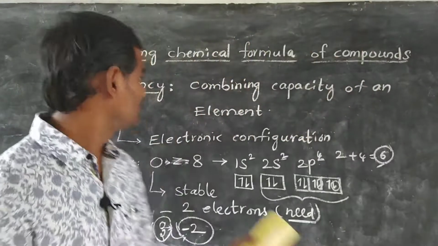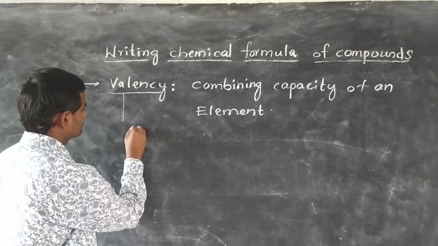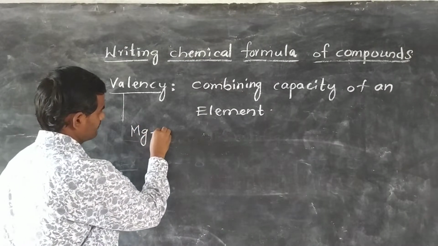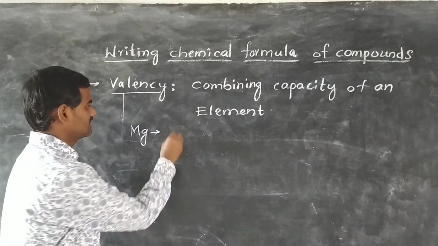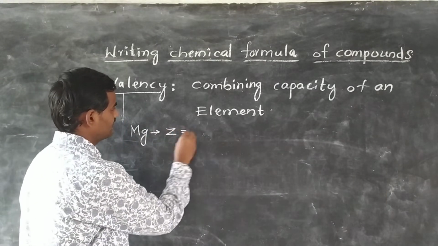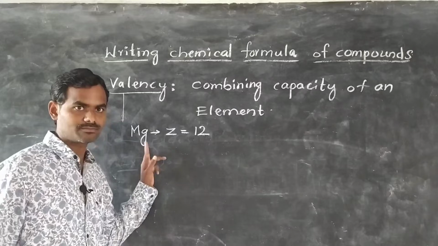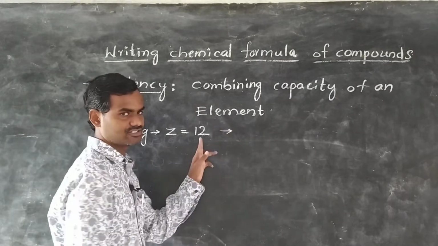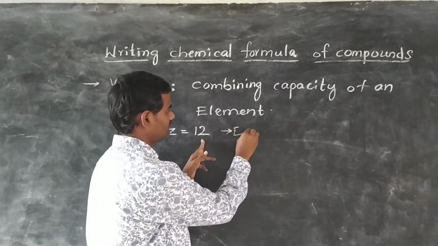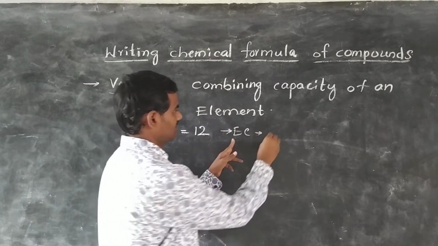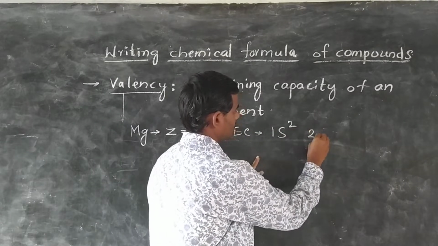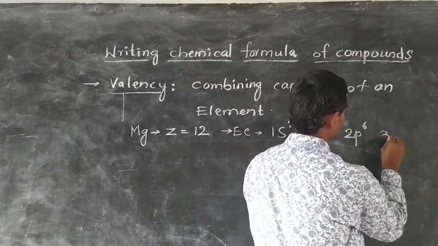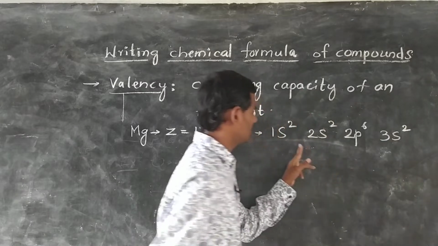We will see one more example: the valency of magnesium. The atomic number of magnesium is 12. So the electronic configuration of magnesium would be 1s2, 2s2, 2p6 and 3s2.